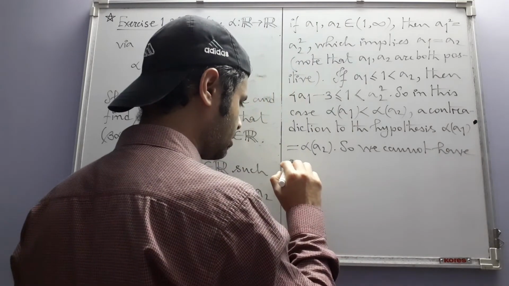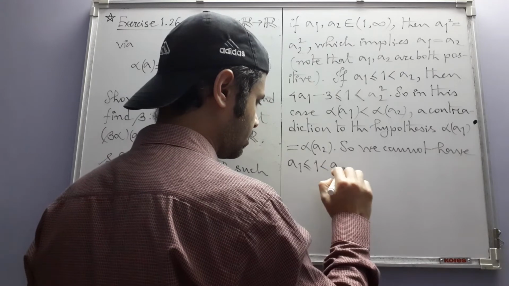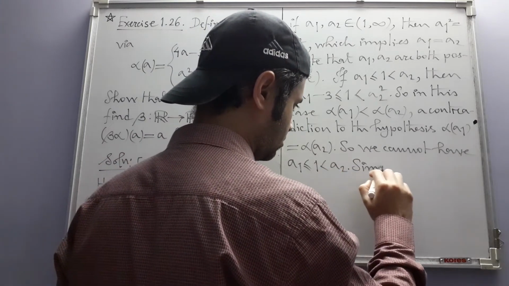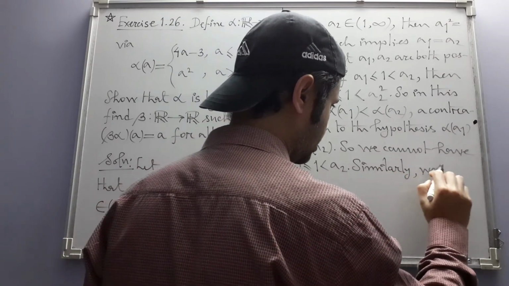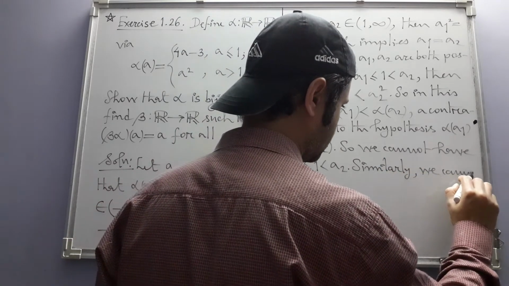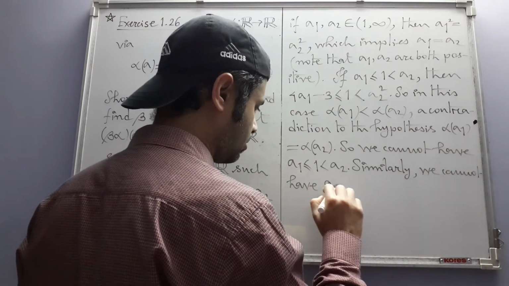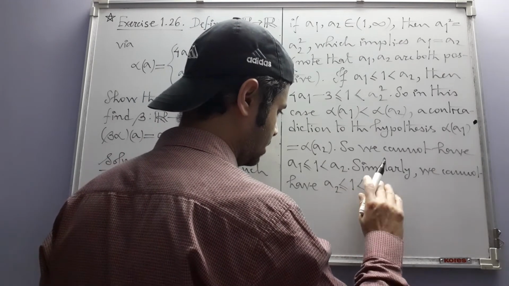So we cannot have a1 less than or equal to 1 and 1 less than a2. Similarly, we cannot have a2 less than or equal to 1 and 1 less than a1.